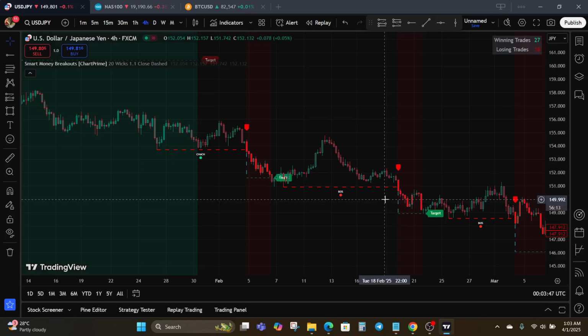So this is where smart money commits to the move, making it a high probability breakout zone. Now, by understanding these two key signals, you can enter trades at optimal points and avoid getting caught in fake outs.